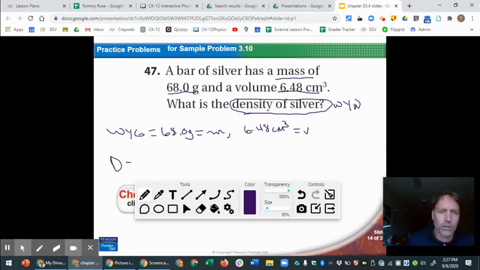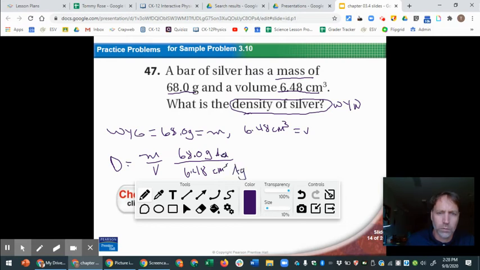So I remember density is mass divided by volume. That's going to be 68.0 grams of silver, chemical symbol of silver is AG, divided by 6.48 centimeters cubed, that's our volume of silver.